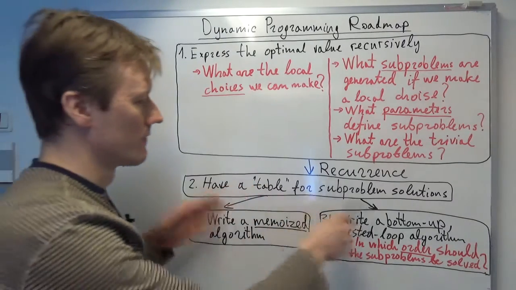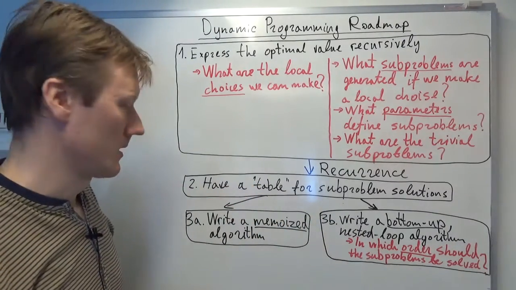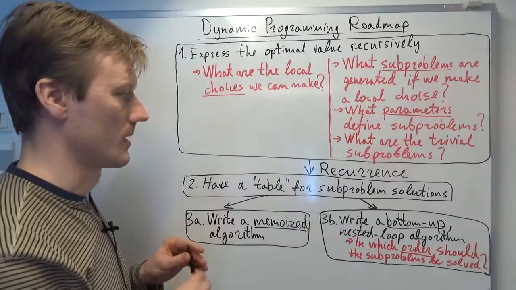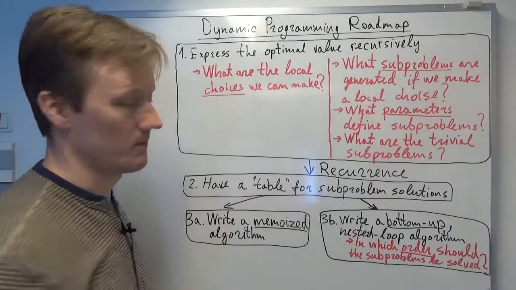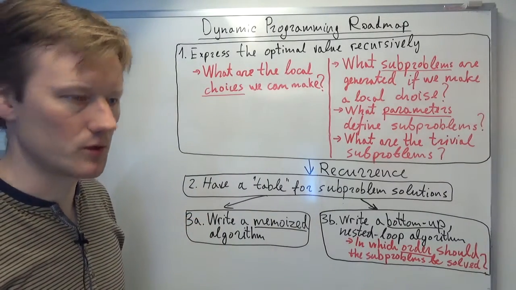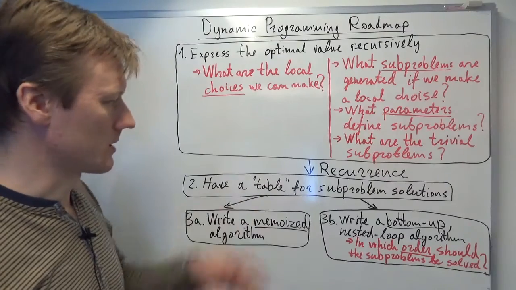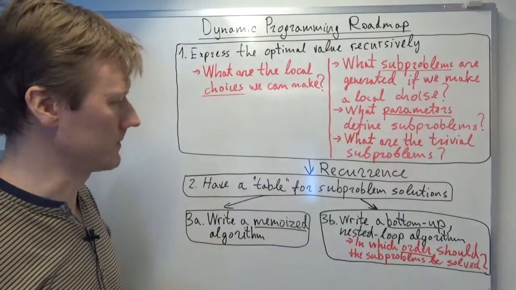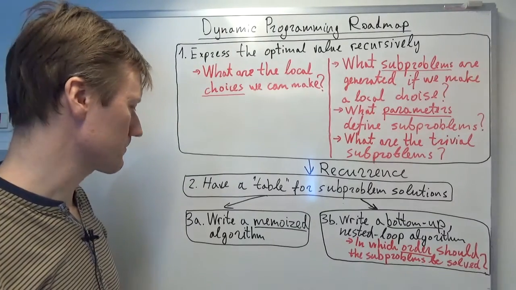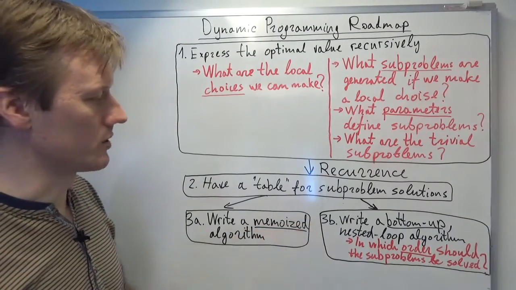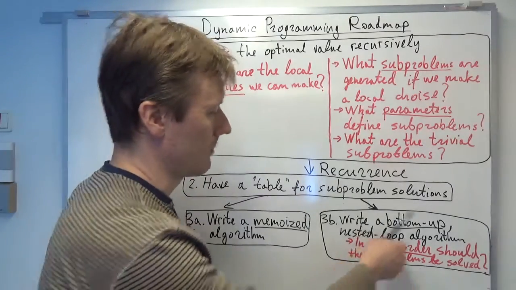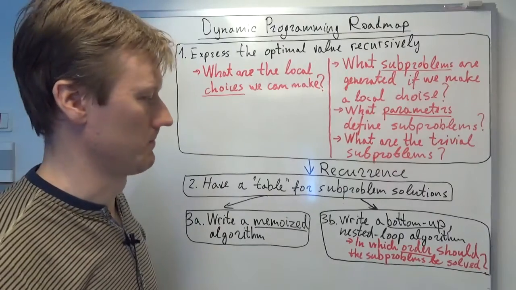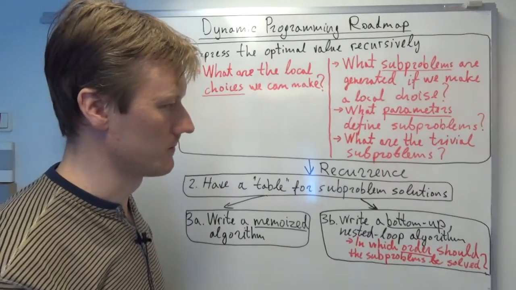And then from there we can go two ways. Either we can write a memoized algorithm, which is just a recursive algorithm that avoids solving the same subproblems over and over again, but saves them in the table. Another option is to write a bottom-up nested loop algorithm, which is usually in practice a little bit more efficient.